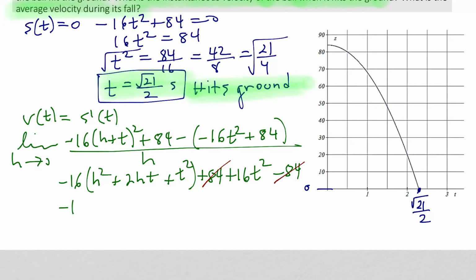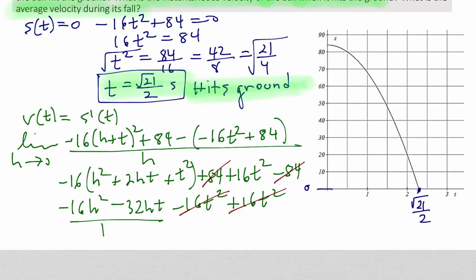Do this distributing here: negative 16h squared minus 32ht minus 16t squared plus 16t squared. All right, this is still the numerator. Cancel, cancel. So now I can put the h back here under these two terms. Cancel, cancel, cancel.